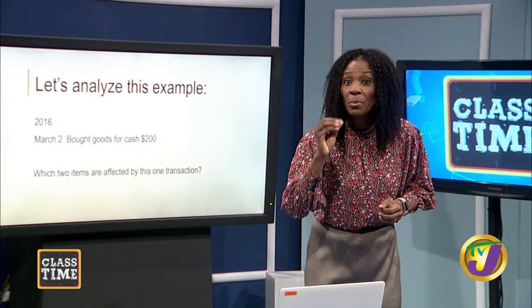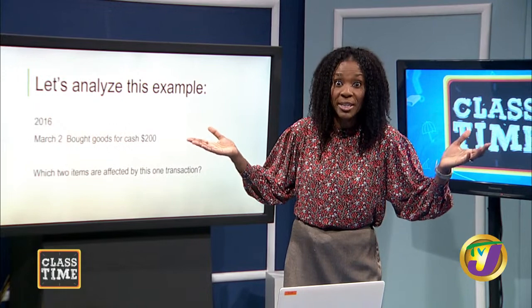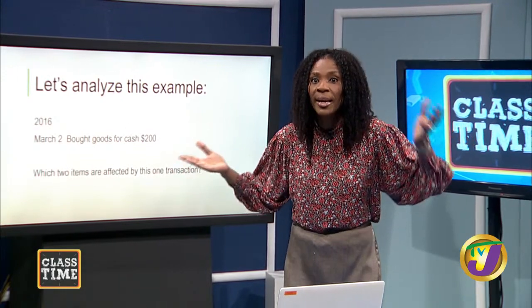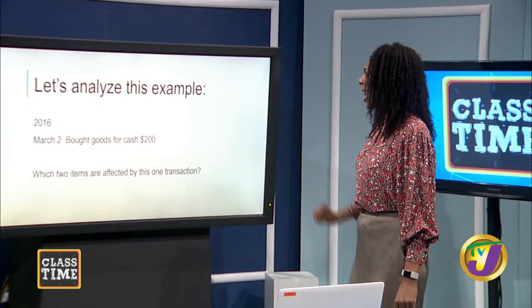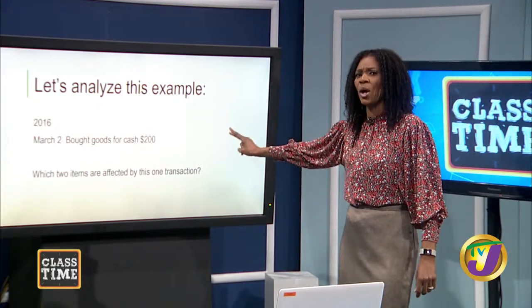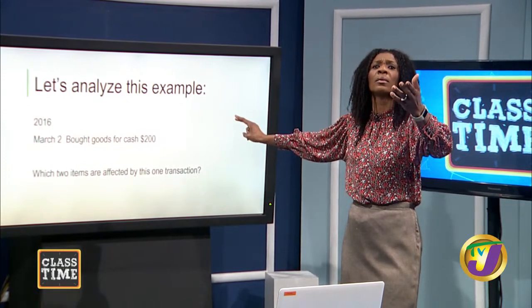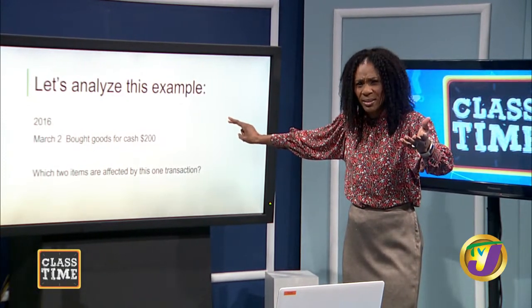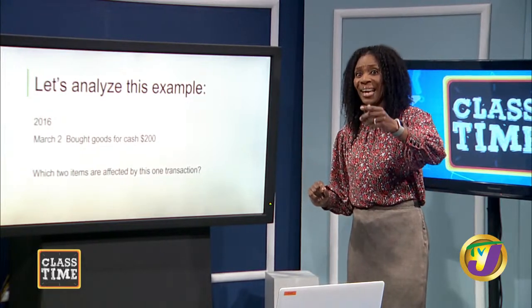If we're even moving from 0 to 1 or from 1 to 2, volume increasing or decreasing? Increasing. Good. Now, which two items would be affected by this one transaction? I am hearing goods. All right. And I'm also hearing cash.